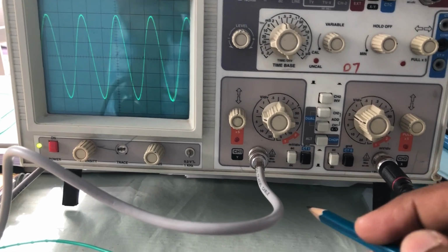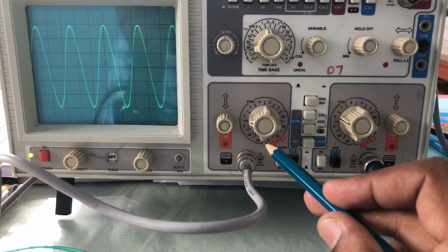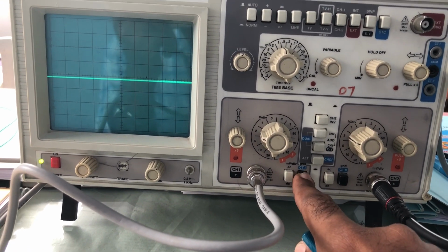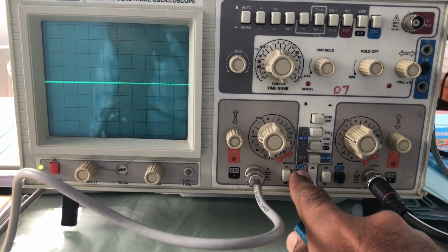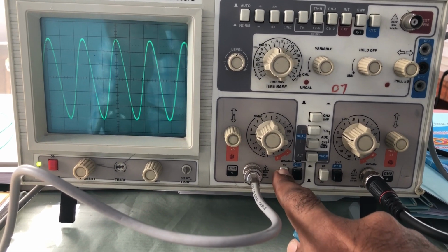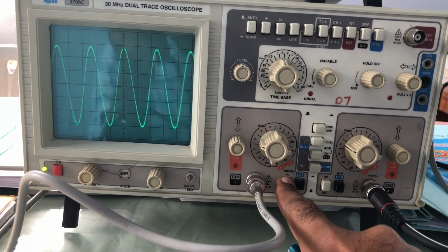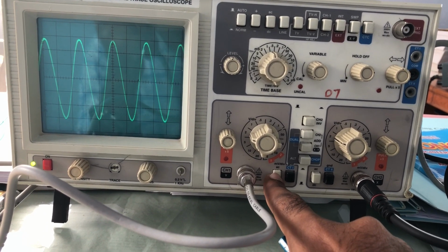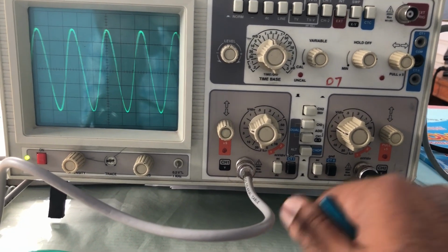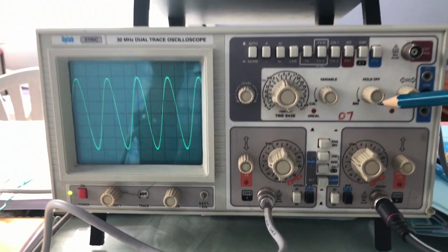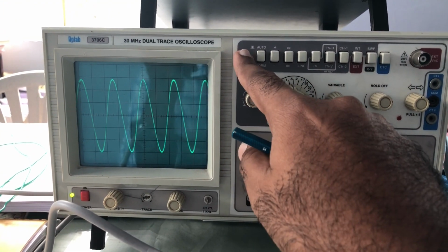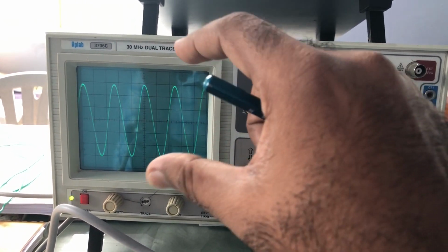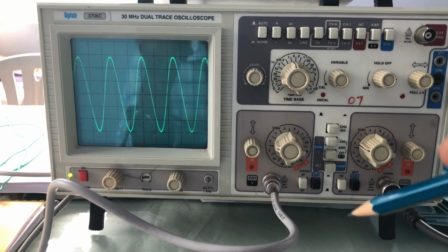This button is the ground button, which sets the trace to 0. For fixing AC or DC, for example in a half wave rectifier after the capacitor voltage, we press this knob and see the voltage. When the waveform is continuously moving, keep it in auto mode, then it will be constant.